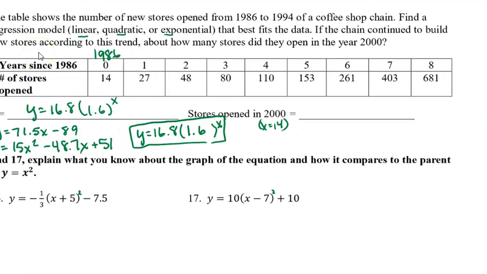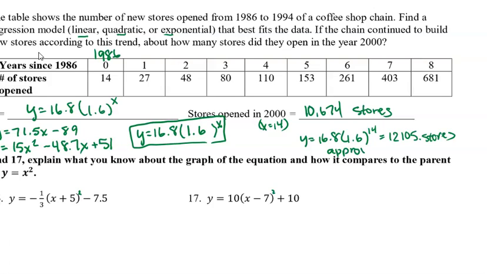So when we did this on the calculator in the table, we got 10,674. If we plug this into y equals 16.8 times 1.6 raised to the power of 14, we end up with 12,105.105 stores. The reason why there's a difference like this is because the calculator version is the approximated or rounded version.